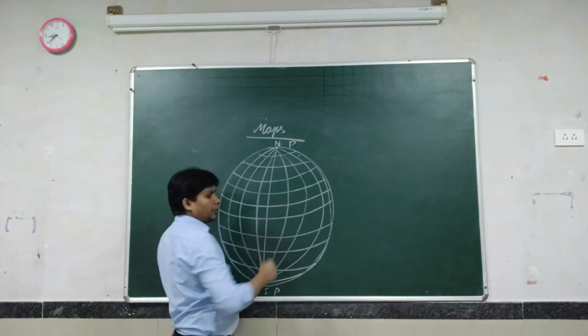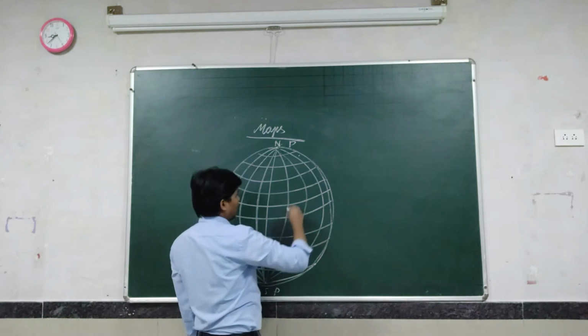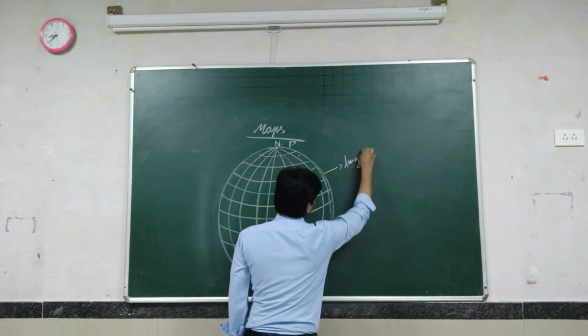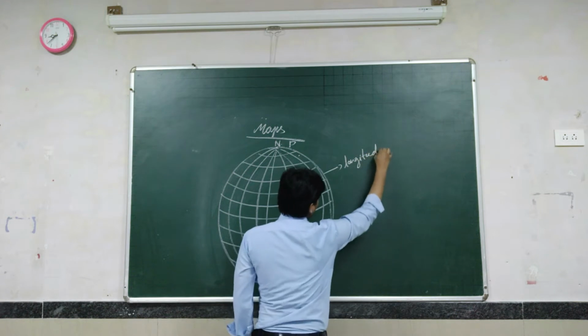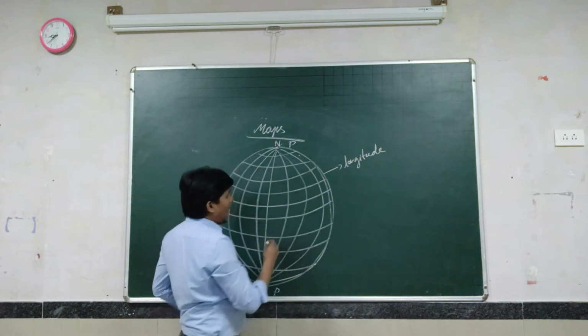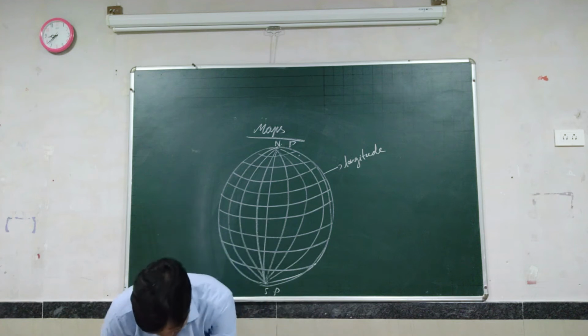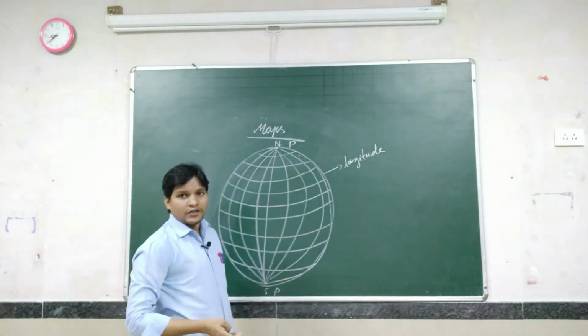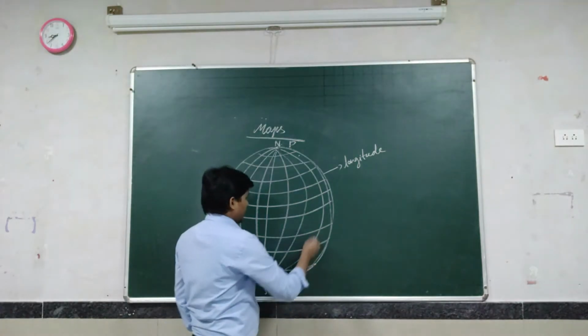That is called longitude. What did you say? Longitude. And the parallel lines which are present, that is known as latitude. What do you say?